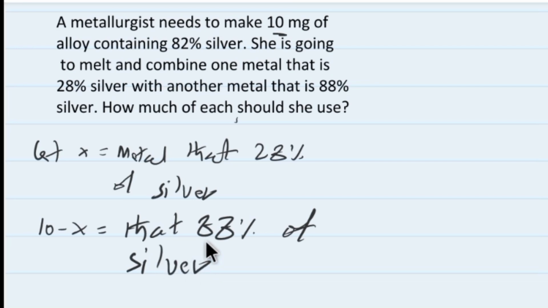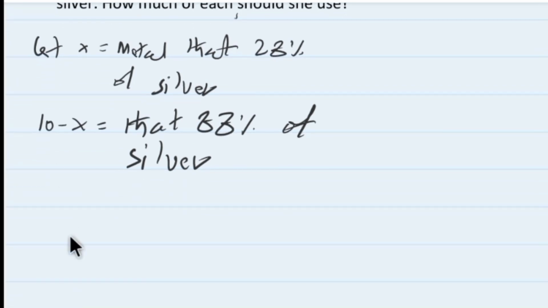So these two metals x and 10 minus x would add up to give us 10 mg of alloy containing 82% silver, that is x plus 10 minus x would add up to give us 10 milligram.